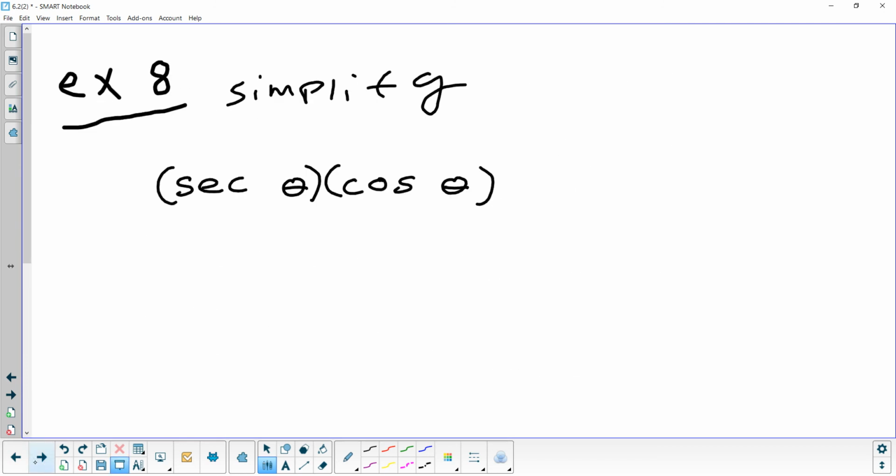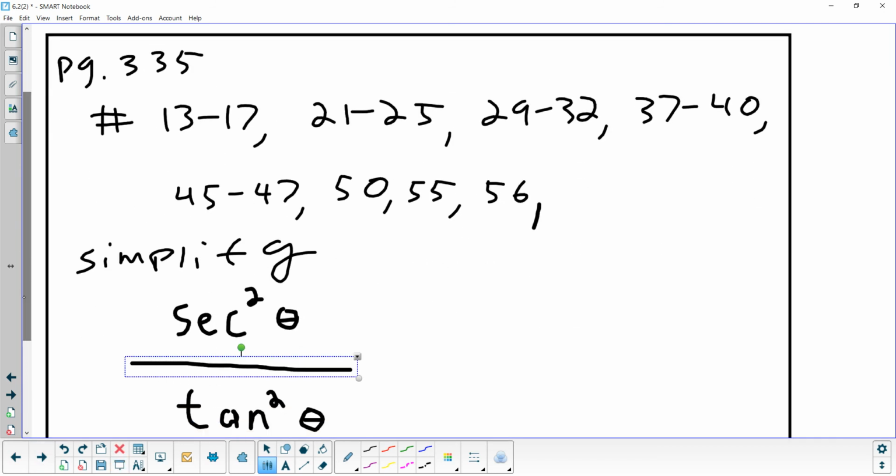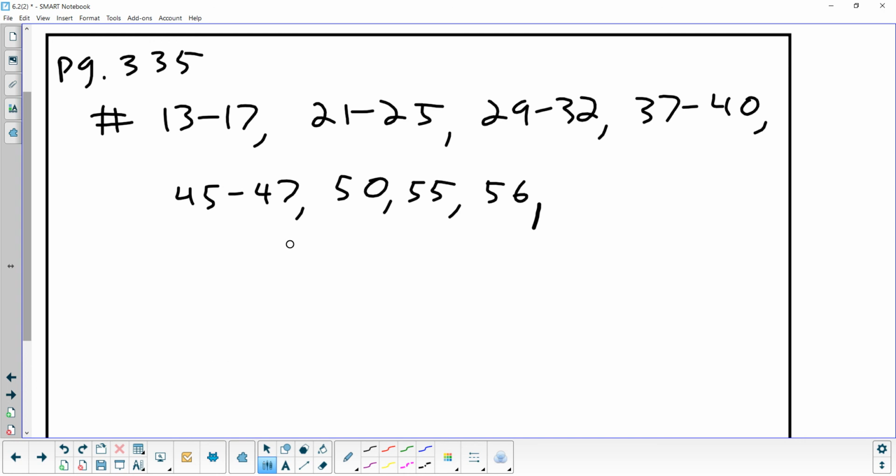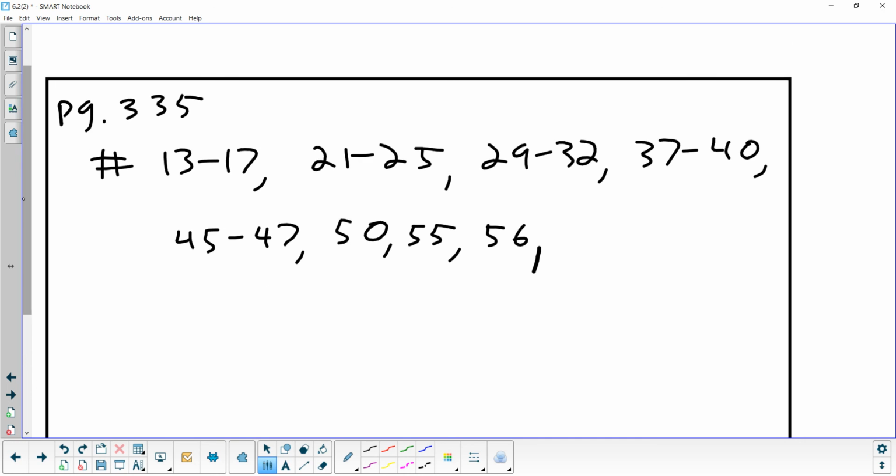All right. So, let me just double check and see if there's anything else there we can cover. All right, so 13 to 17, that is actually just finding sine and cosine.